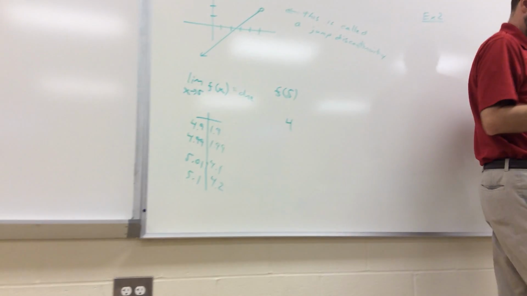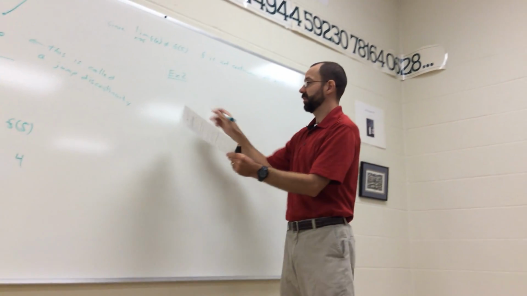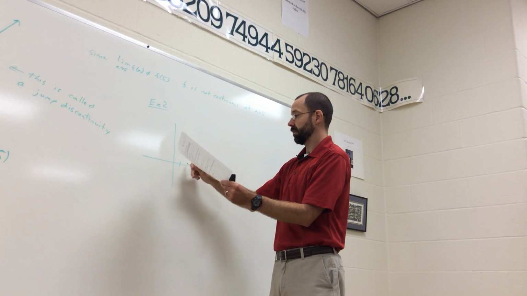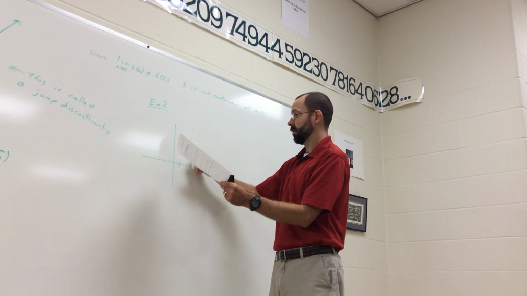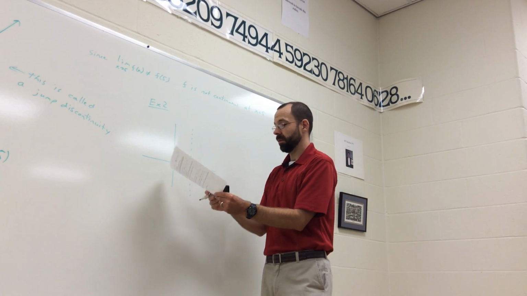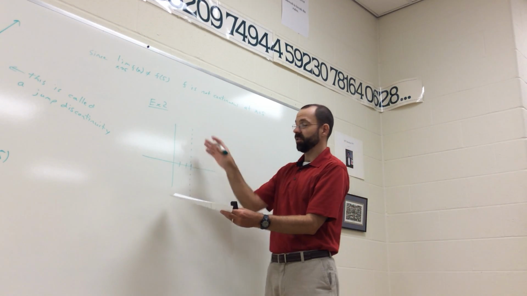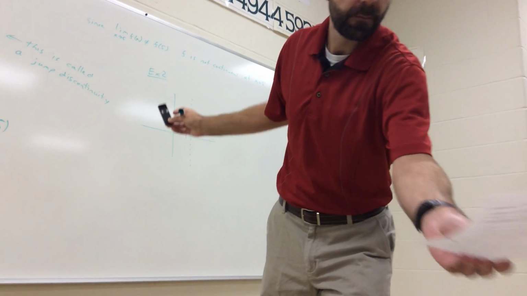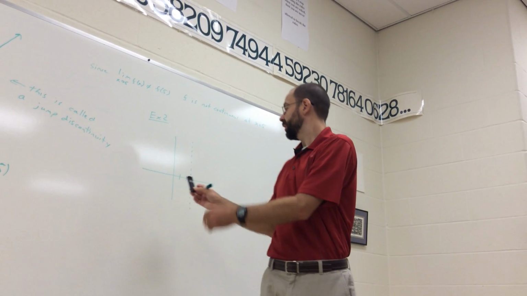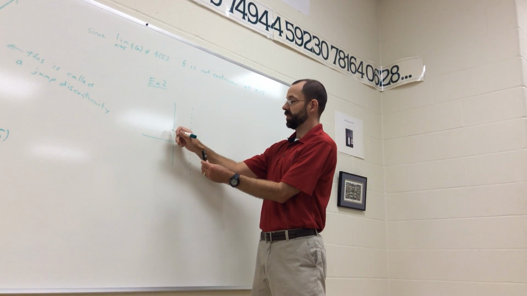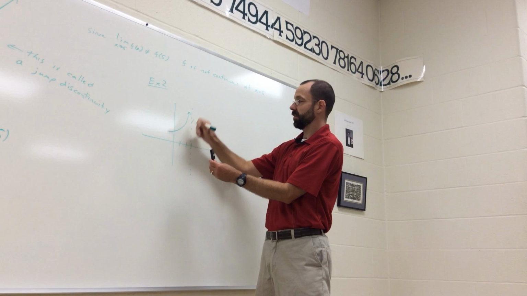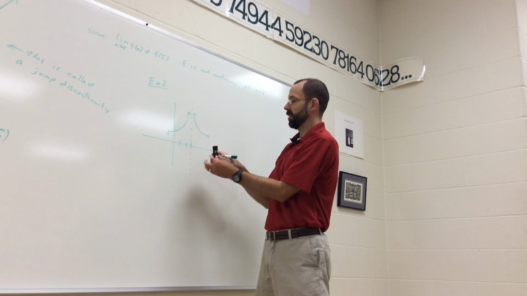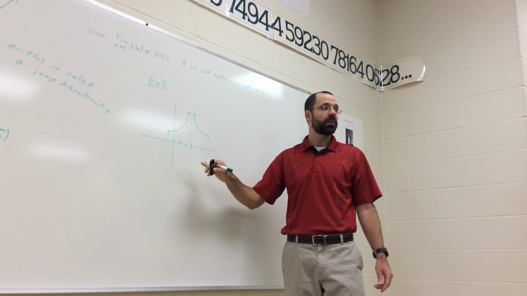All right. How about this graph here? There's going to be a vertical asymptote in this graph, and it's going to look like this on either side of the vertical asymptote. The vertical asymptote's at 3.